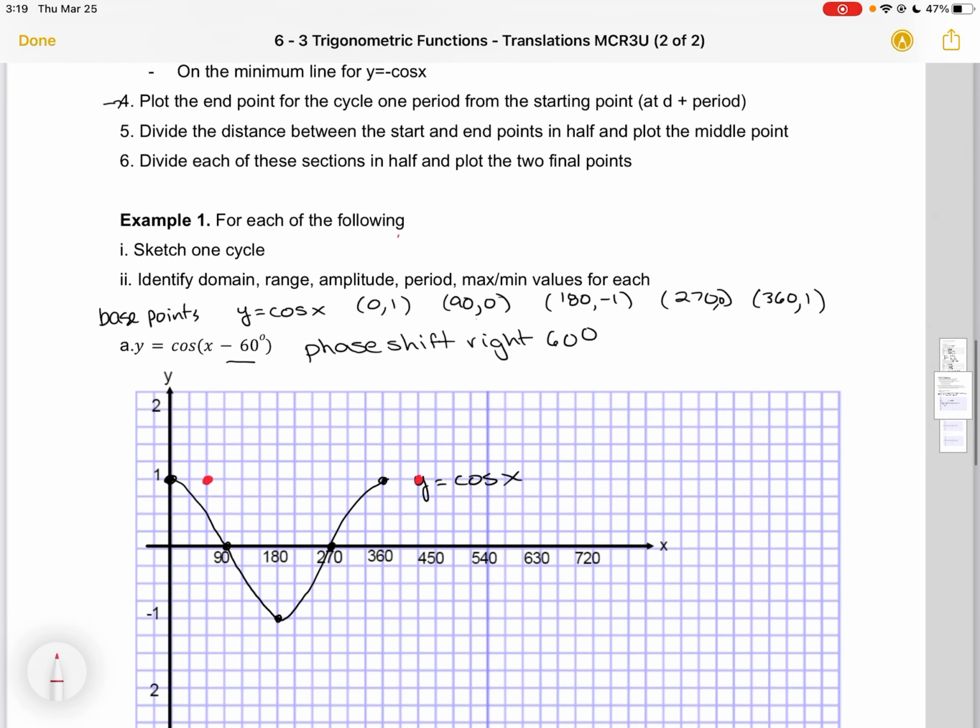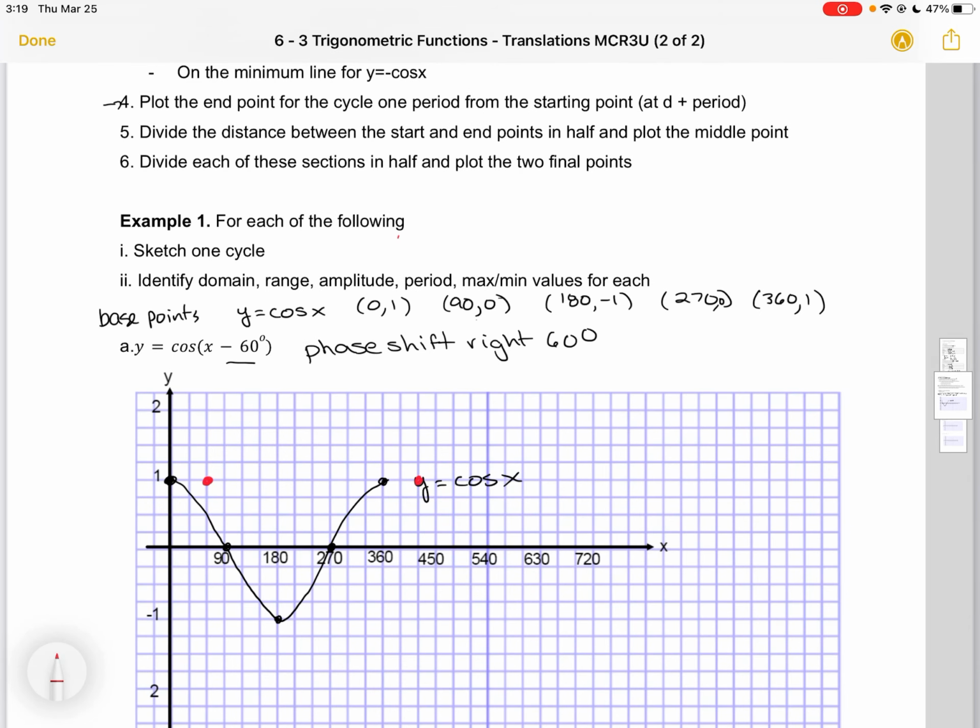Then I'm going to divide that distance in 2, and I'm going to plot my middle point. And then on my midline or my axis, which I should draw in, which happens to be right at y equals 0, I'm going to plot my next 2 points, right here, and then I'm going to sketch my curve. The red one that I've drawn is my phase shift to the right, x minus 60 degrees.